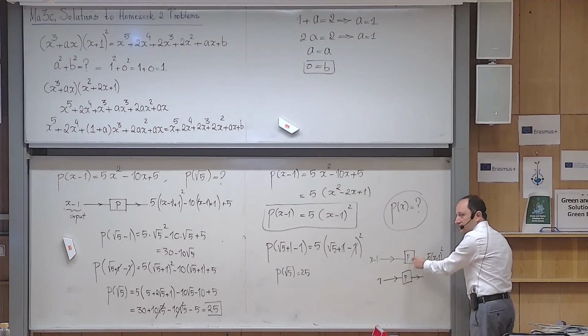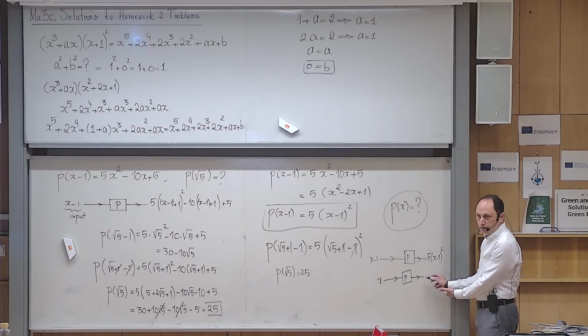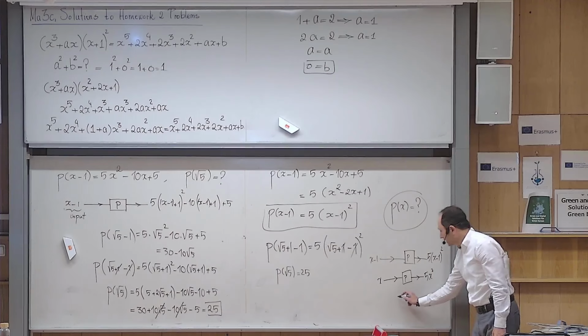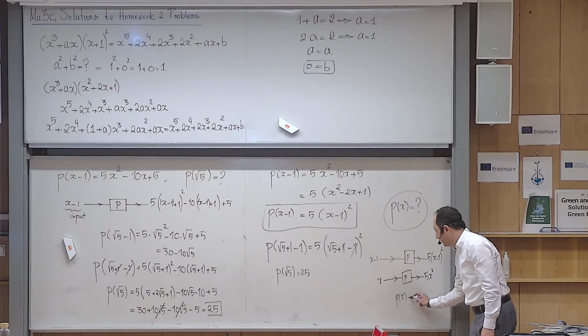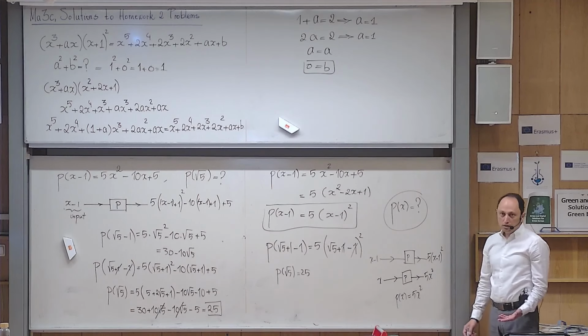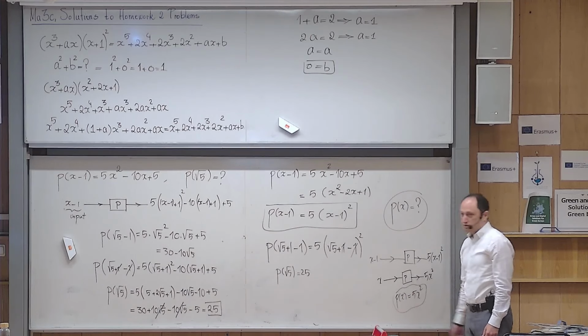Because this p is the same machine, it will do the same job for every input. So can you tell me what will be the output now? 5x squared, agree? So if someone asks you what is p of x, you answer 5x squared. If you really want to find p of x, this is the answer.